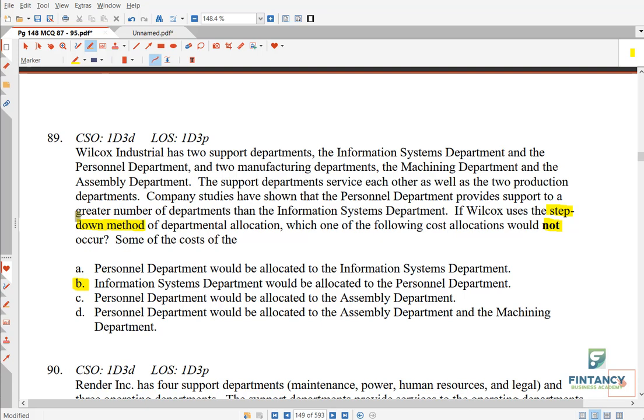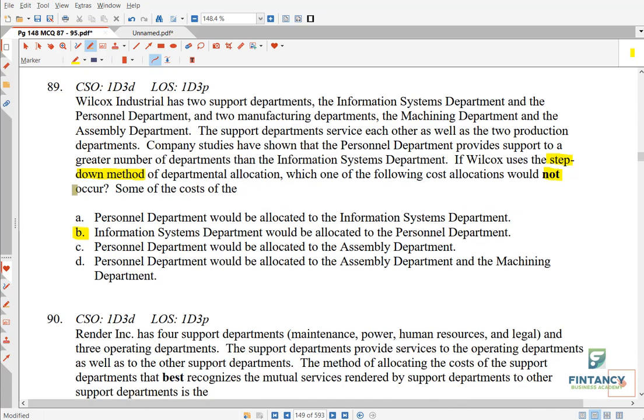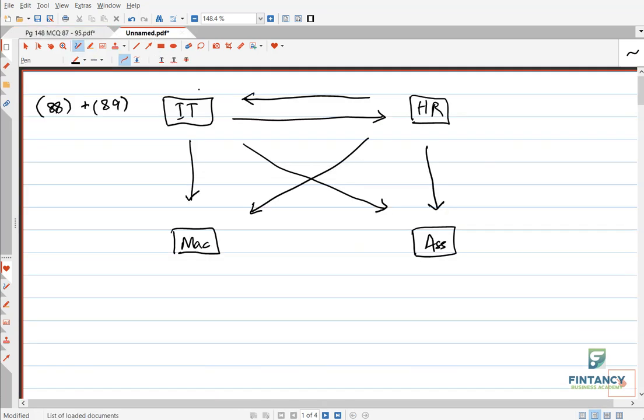So my friends, let's start the next. Okay, we have a question. They're saying in reciprocal method there should be allocation between different service departments also, right? See, in reciprocal method, we will consider inter-service department relationship, both sides.